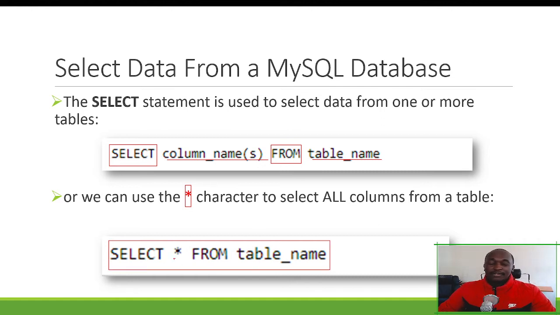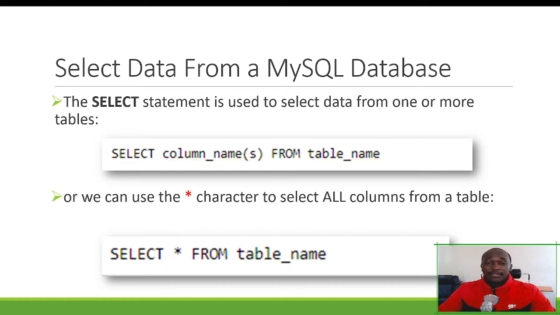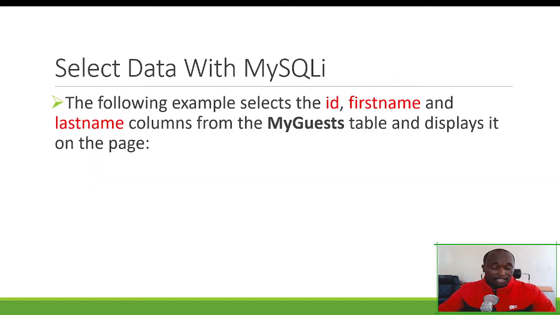Now, it's not advisable to use this, because it's advisable to only select the data that you need at a particular time, instead of selecting everything and not using some. When you select all, it adds on the load of your database management system, and that can slow things down. So it's advised that you just specify the specific columns that you need at a particular point.